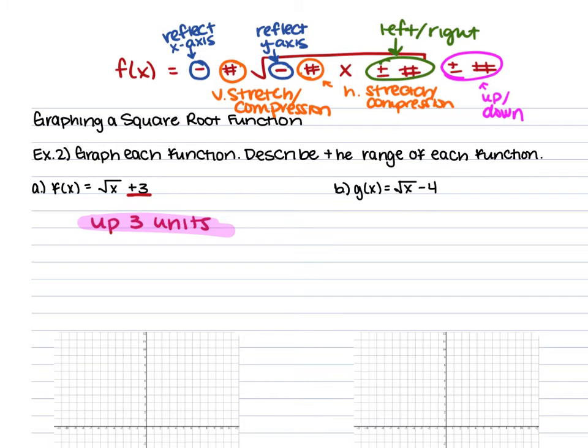For example B, we're given g of x is equal to the square root of x minus 4. That minus 4 after the square root means that we're going down 4 units.